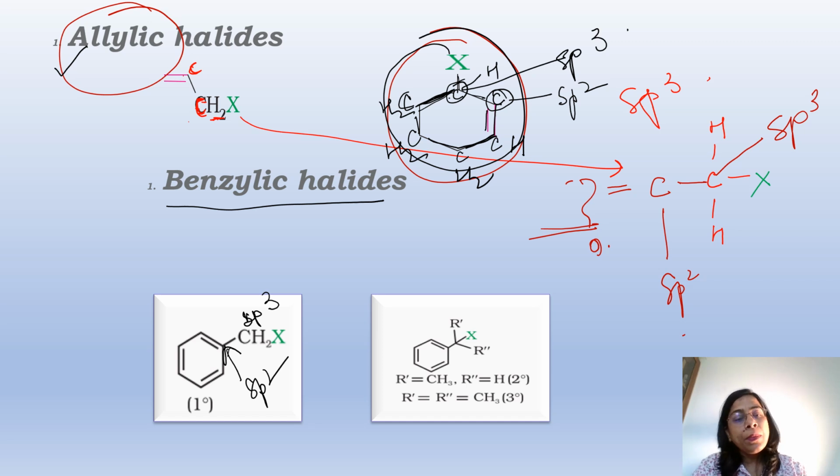Similarly here, the carbon to which this green colored halogen X is attached is sp3 hybridized because it is single bonded all around, but its adjacent carbon is sp2 hybridized. Therefore, I'll call it an allylic halide. Hopefully I'm clear with this, and do let me know in the comment section if you want more examples.